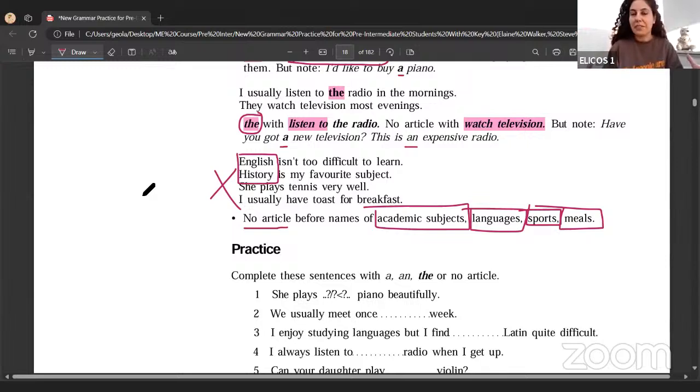So English is my first language. Politics is my favorite subject. Religion is my favorite subject, whatever. So especially when you start the sentence, no article. And for sports, you know, swimming is my favorite sport. Empanadas are my favorite meal, whatever.